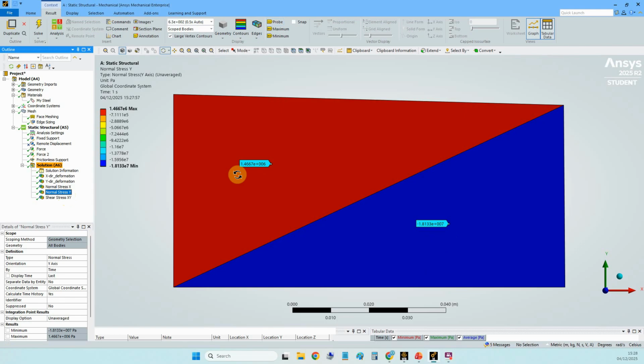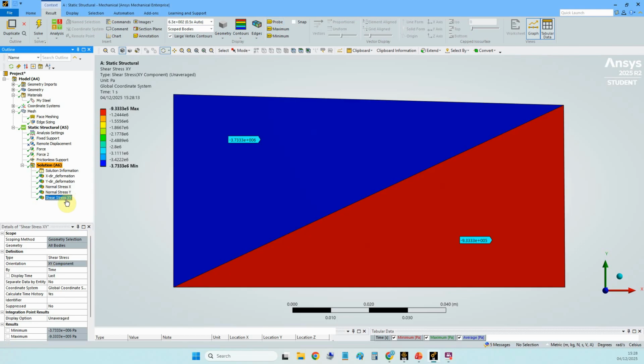And up here we've got 1.46, which is exactly the same as we had in our calculations. Finally, the shear stress: minus 9.33 compares to 9.2, and 3.73 compares to 3.73. So you can see that we got pretty much exactly the same results in our Workbench model as we did in our hand calculation model.